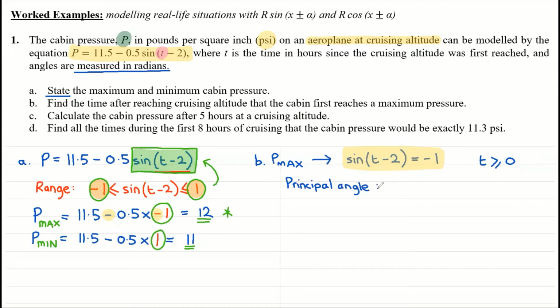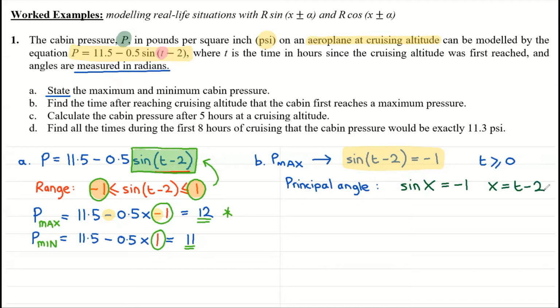If you want to, you might just want to rewrite the function as sine of big X equals -1, just to make sure. If you're not comfortable with t subtract 2 directly, you can do it like that.